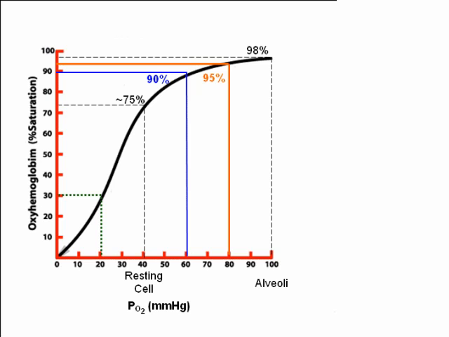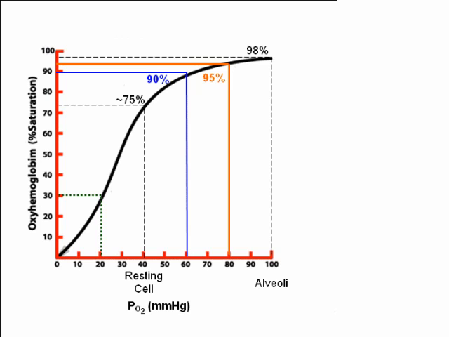Now, I want to make sure that everyone is clear on this and that I didn't confuse anyone within the lecture when we were going over this. Along the bottom, we have partial pressures of oxygen, from 0 up to 100, and that's 100 millimeters of mercury.